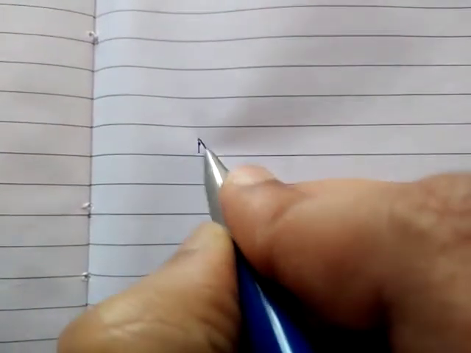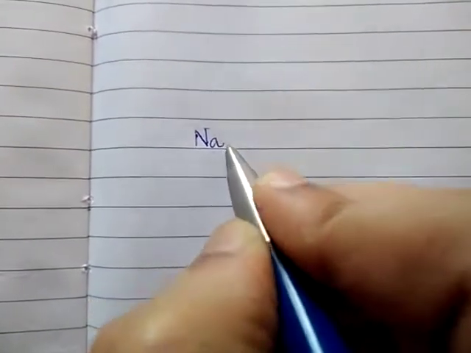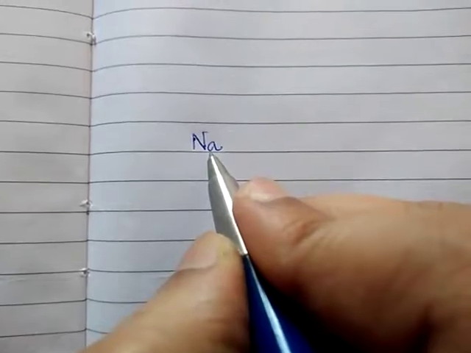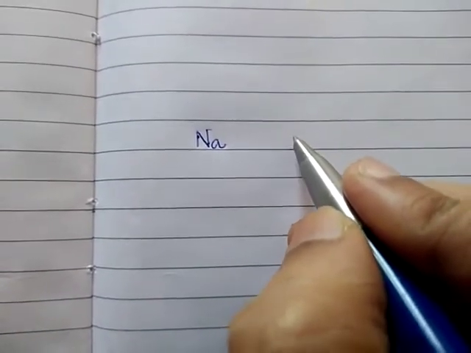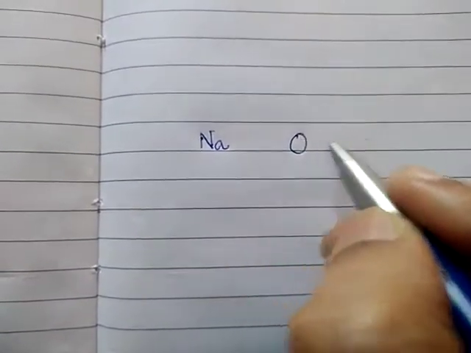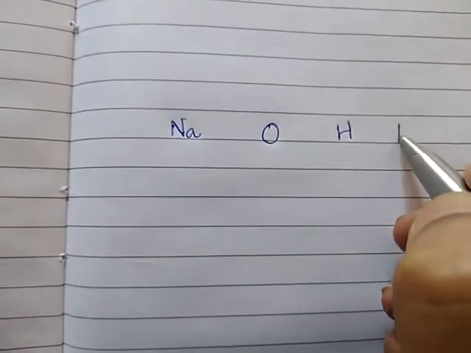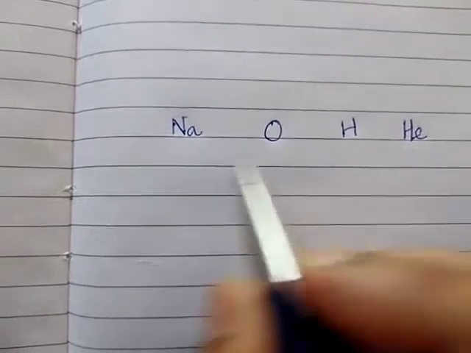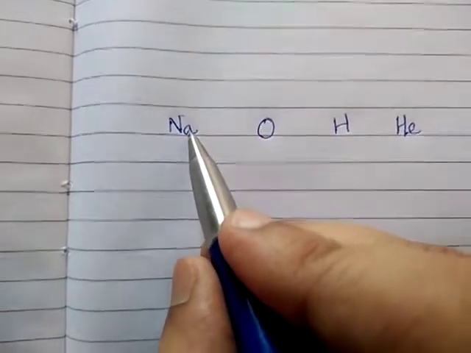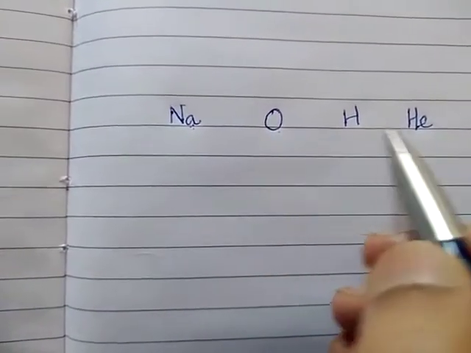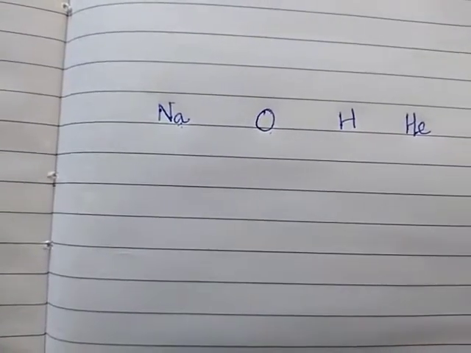If I tell you to write the formula for sodium, what are you going to write? This is the symbol for sodium. What about oxygen? What about hydrogen? What about helium? These are the symbols for sodium, oxygen, hydrogen and helium.